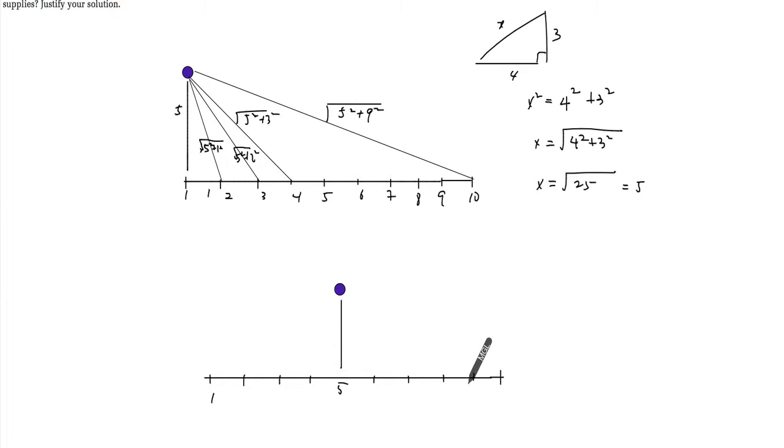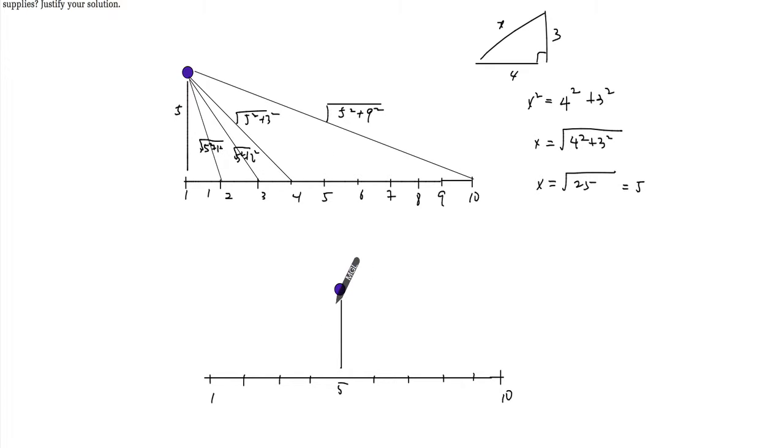Okay, so 5 is not exactly the middle. This way there's 5 distance, this way there's 4 distance. So exactly the middle will be, I guess, 5.5. But let's actually just do this and see if this is going to be bigger or smaller than this.